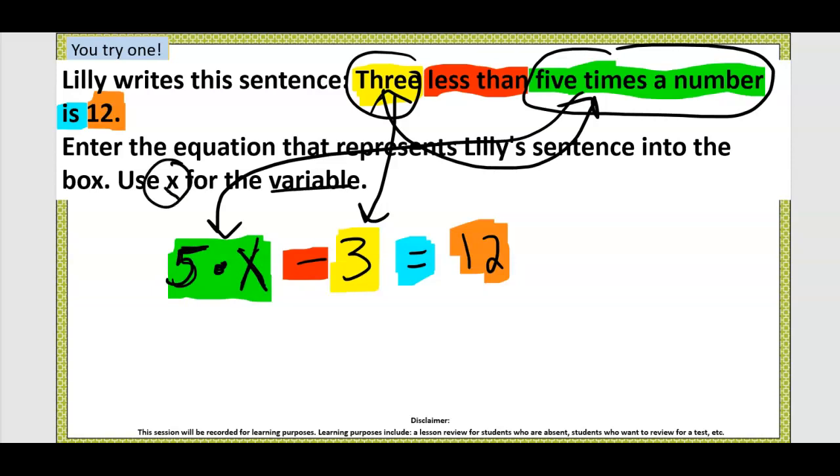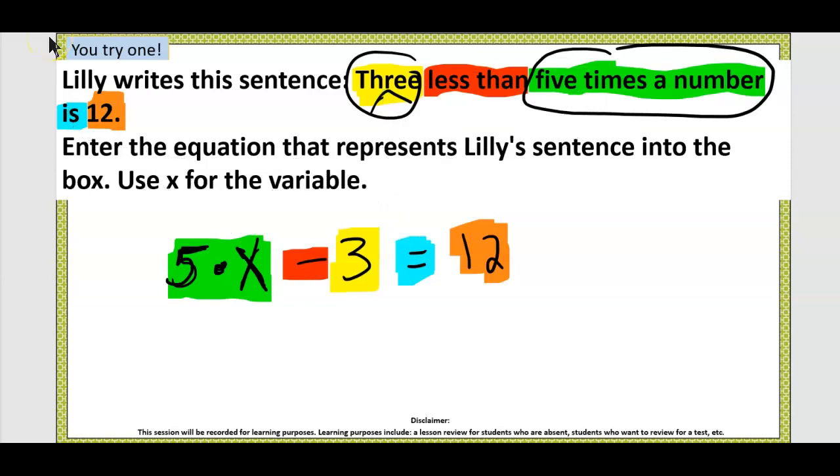X is for the variable, so that's why I chose to put x here. That, I believe, is it. I'm going to clean this up. This is getting a little messy up here, so many arrows, every which way but loose. We'll keep the yellow here, though. That's nice. So now, let's look at what's left. We have 12, and that is the answer.